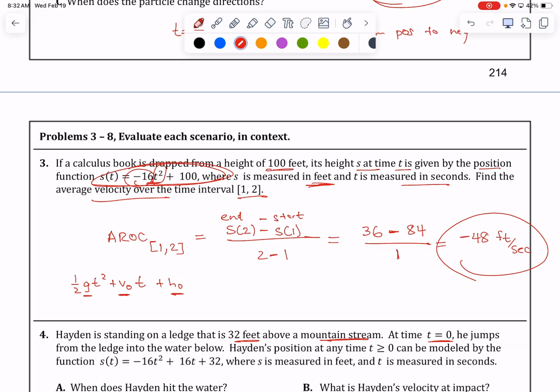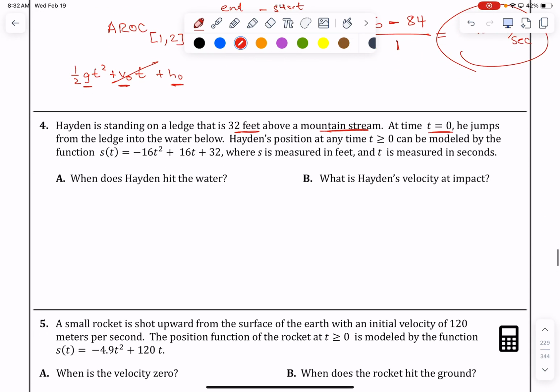So what's half of 32? There's where the negative 16 comes from. And the 100 is the initial height of the object. It's being dropped from 100 feet. And since you're dropping it, there is no initial velocity. So this just cancels out. That's why there was no t term. That's the physics. They give you that formula on the AP exam if they do this.